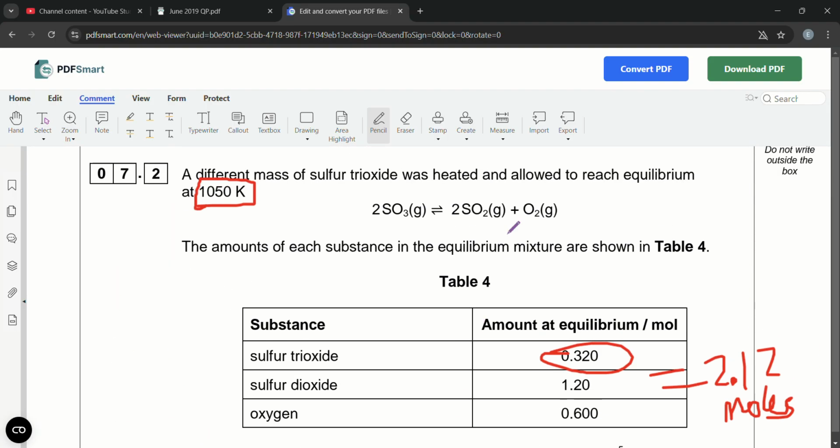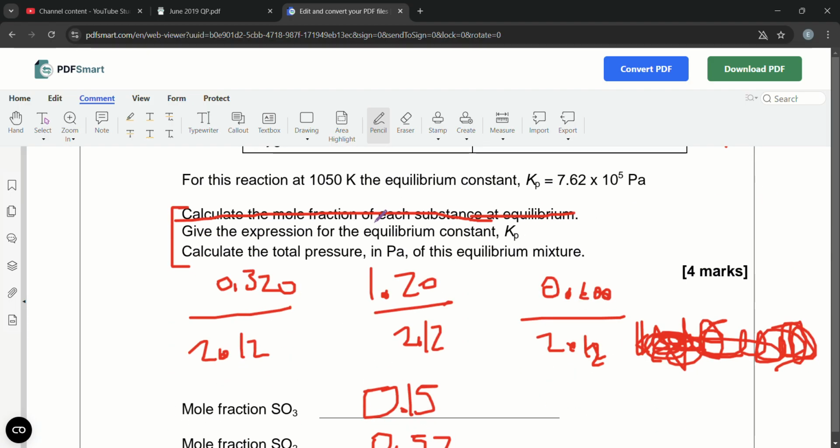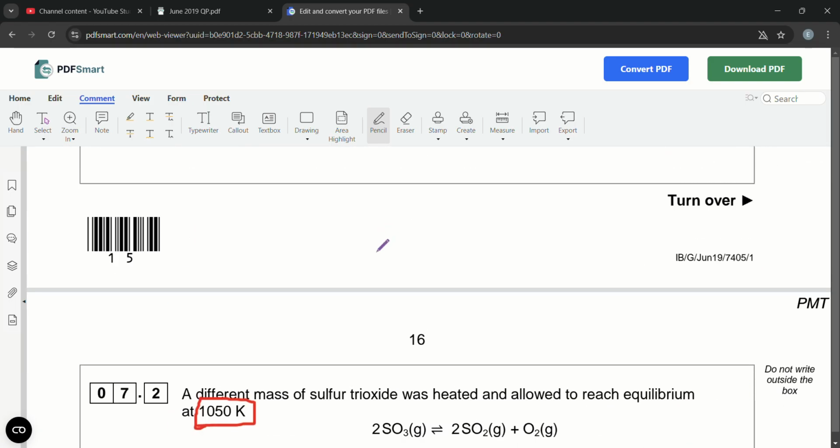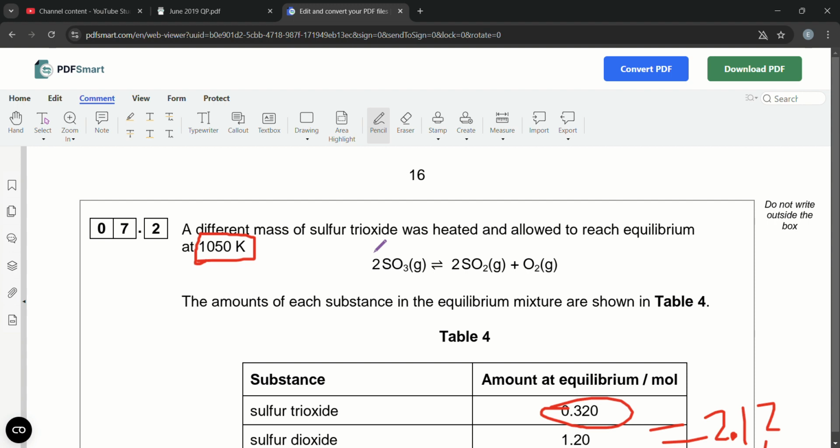So Kp is going to be curly brackets, products over reactants. Which one is going to be the products and which the reactants? Well, think about it. The sulfur trioxide is being heated, so the reactant is being heated to form the products.